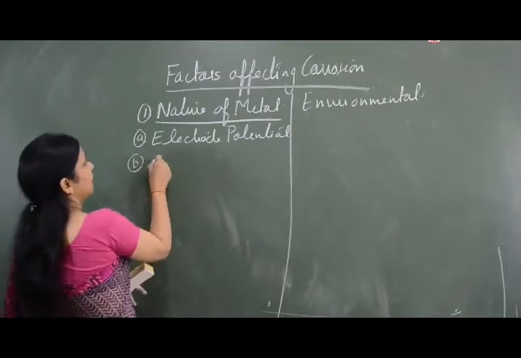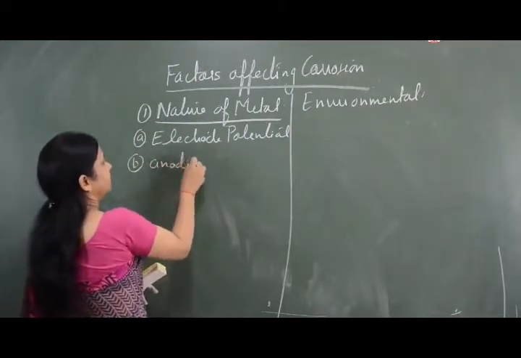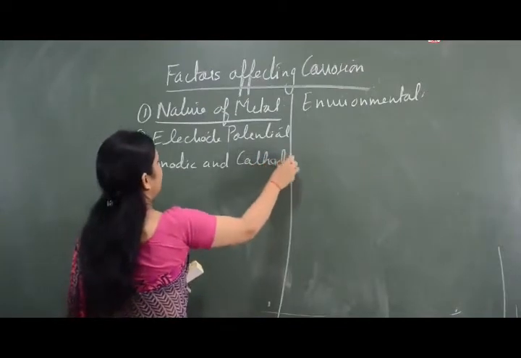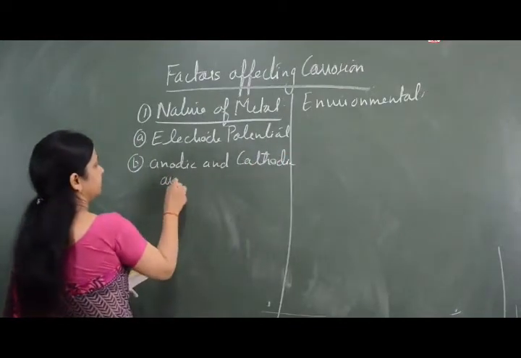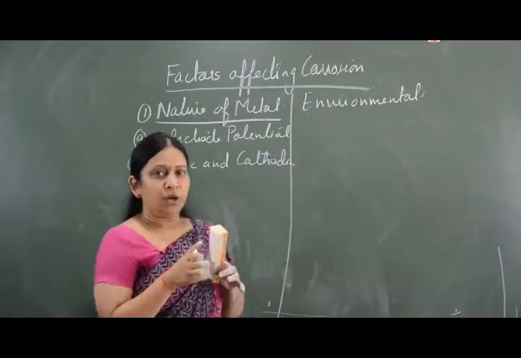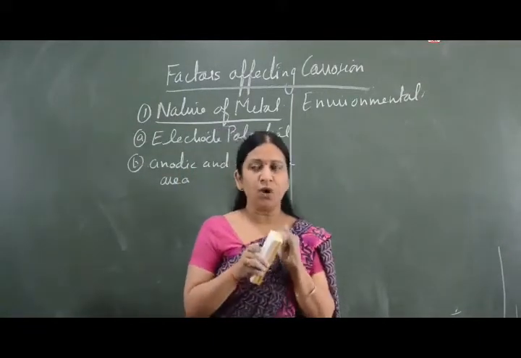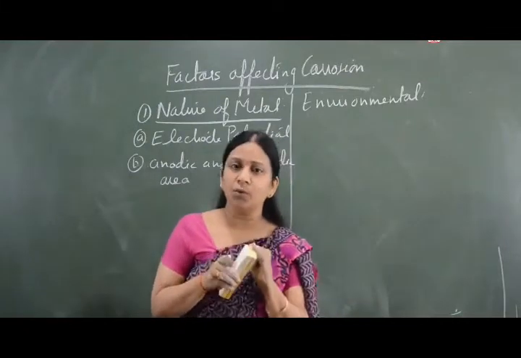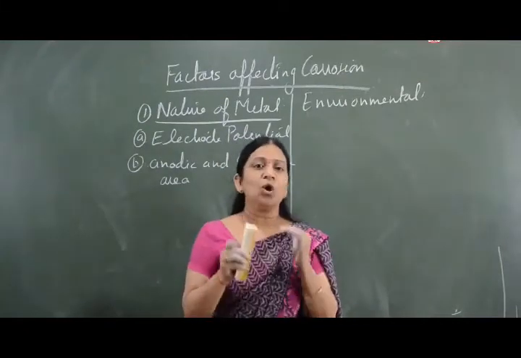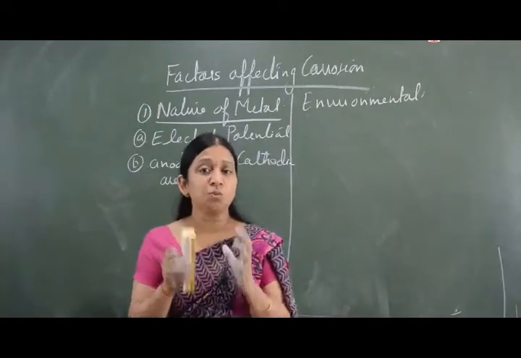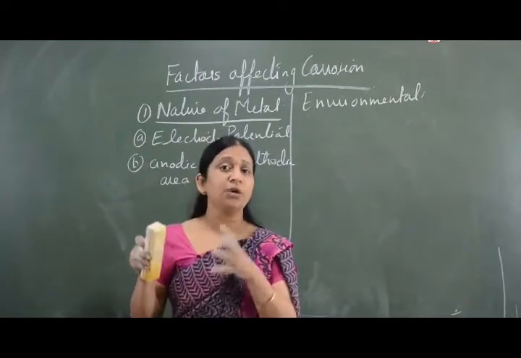Second is anodic and cathodic area. Now, corrosion is a process of oxidation, and oxidation occurs at the anode. But to enhance the rate of corrosion, the anodic area should be smaller in comparison to the cathodic area.